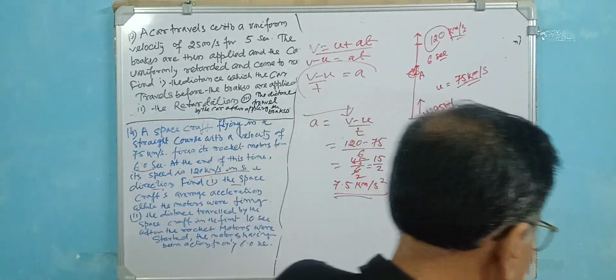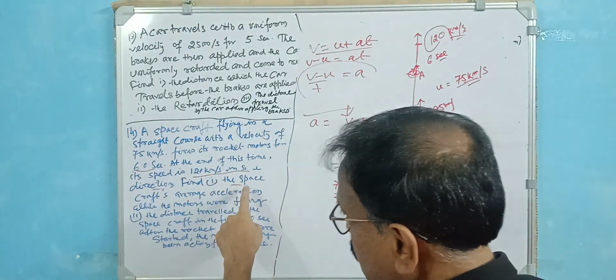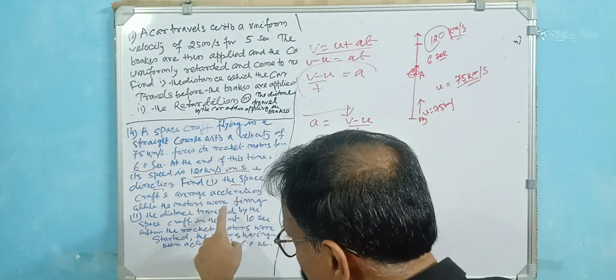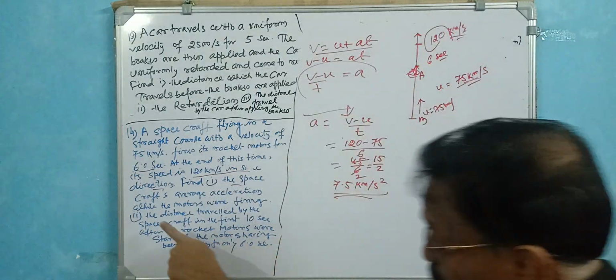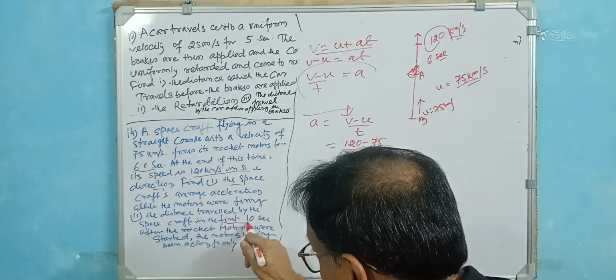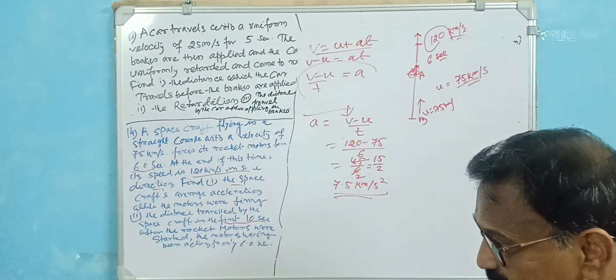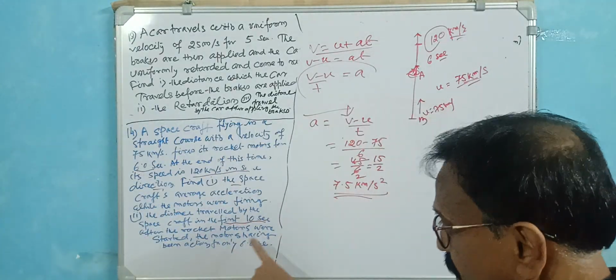Okay, it's clear. Now the questions. Number one, the spacecraft's average acceleration while the motor is firing. Number two, the distance traveled by the spacecraft in the first 10 seconds after the rocket motors were started. That is a very important thing. First 10 seconds.